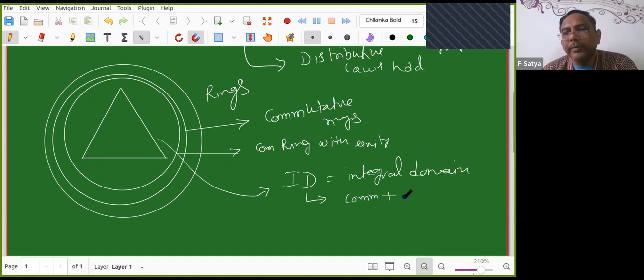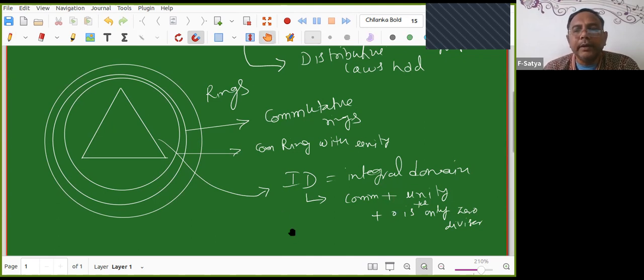That's why I'm telling you a priori: with unity plus without zero divisors. Zero is the only zero divisor. Some people exclude zero in the definition, they'll say only non-zero zero divisors, but I'm including that zero is the only zero divisor. Otherwise, cancellation law holds. Otherwise, zero is the only prime ideal. So there are various ways to define an integral domain, right?